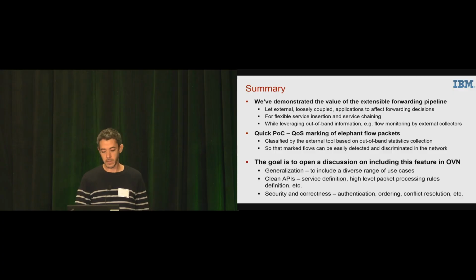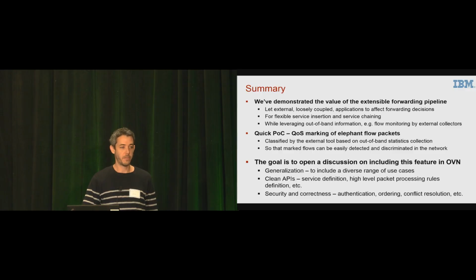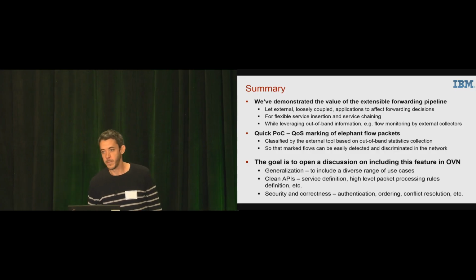And the goal of this discussion is to offer that, to include that in OVN, to try to generalize this case and to define a clean API that will be correct and secure and will allow us to introduce new functionality to OVN without integrating new code to OVN itself. So this is it. If you have any question.